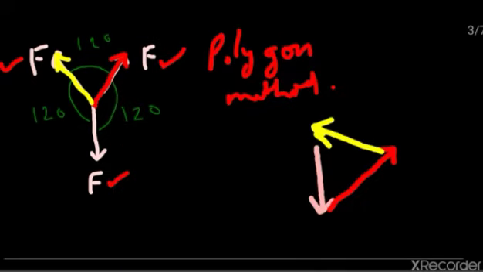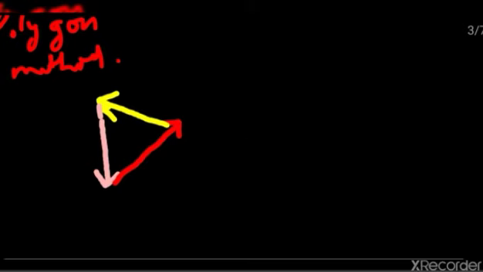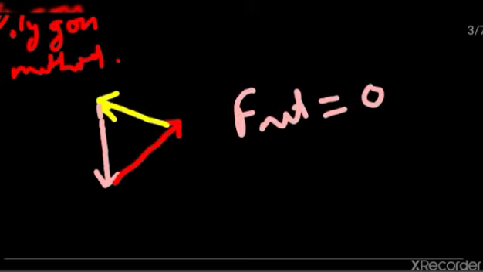When we finally draw all three vectors, we can clearly see that they form a closed polygon. When three vectors form a closed polygon, their resultant is 0. Hence the net force acting on the capital Q charge placed at the centroid of the equilateral triangle is 0. This is very easy.